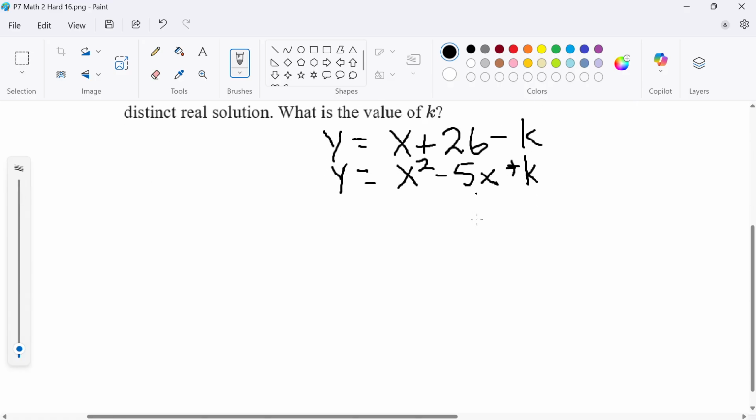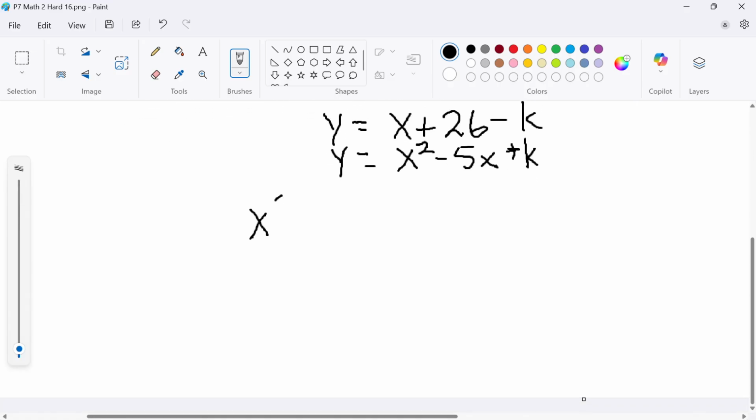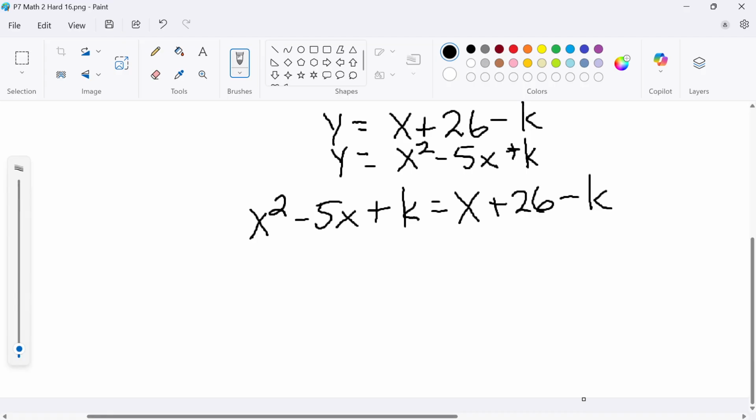And I'm just going to set them equal to each other. x squared minus 5x plus k equals x plus 26 minus k. I will subtract x from both sides, so this is x squared minus 6x. This x is gone. I will add k to both sides. k plus k is 2k, plus 2k equals 0.